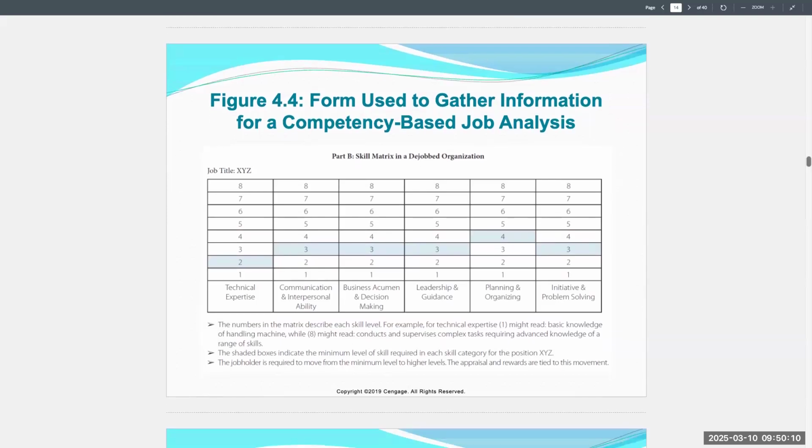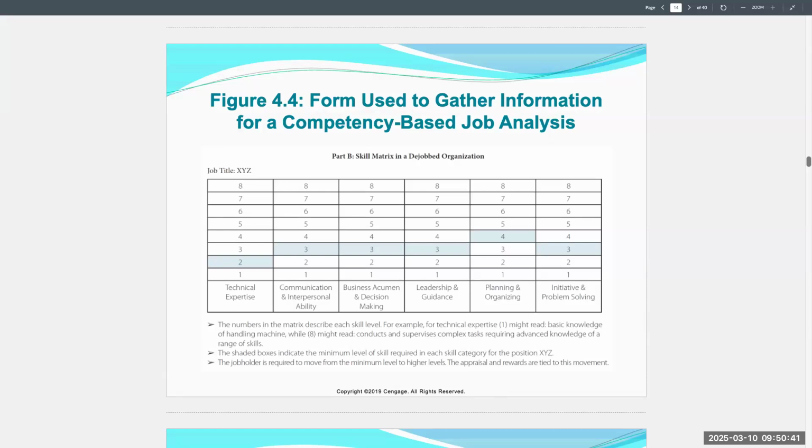All right. So competency-based job analysis is a forward-thinking approach that helps organizations evaluate employees based on capabilities rather than just duties. The skills matrix that you're seeing provides a structured way to assess competencies across different job functions. Each row of this matrix represents a level of proficiency, from basic knowledge, which is level 1, to expert level, which is level 8.